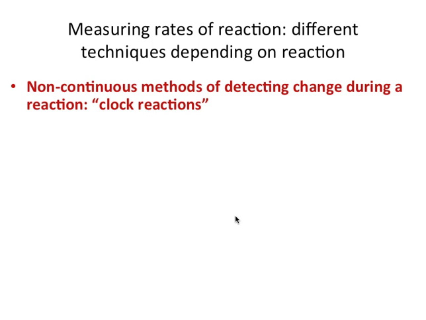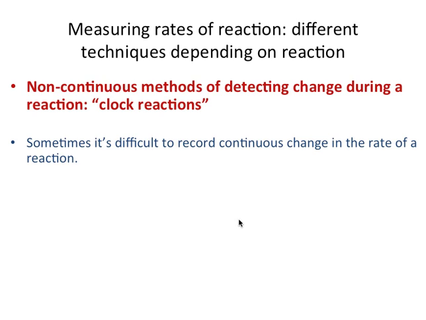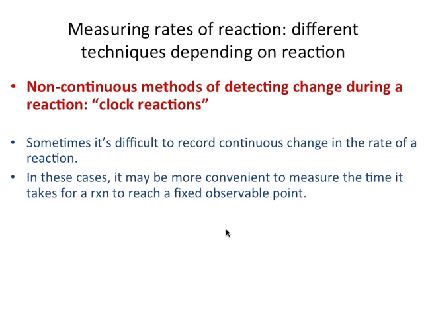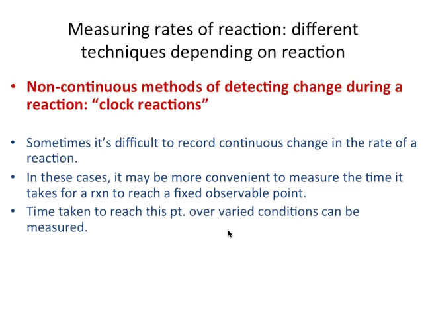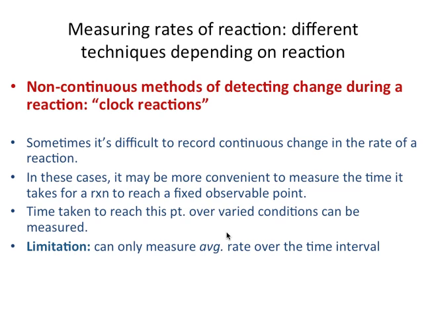There are also non-continuous methods of detecting change during a reaction, and these are known as clock reactions. It's difficult to record some reactions as a continuous change. So what you do is you measure the time for a reaction to reach a fixed observable point, and then you vary the experimental conditions to see how long it takes.